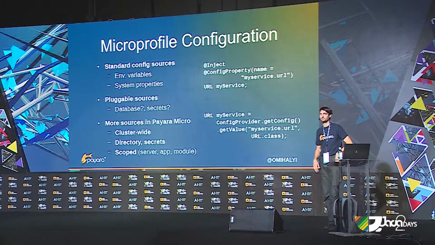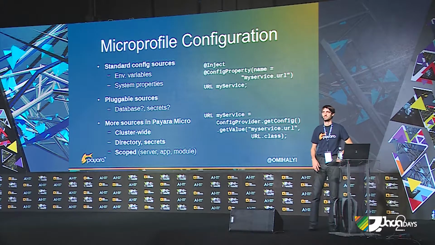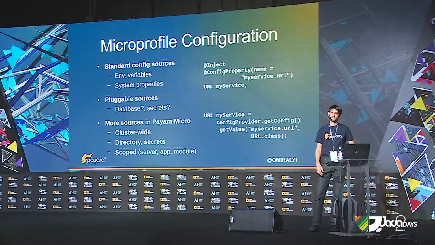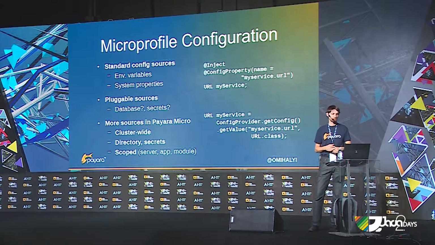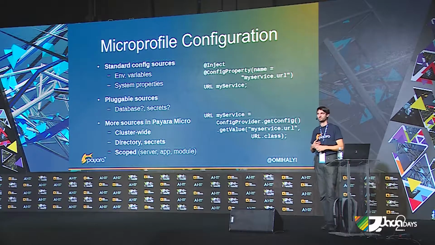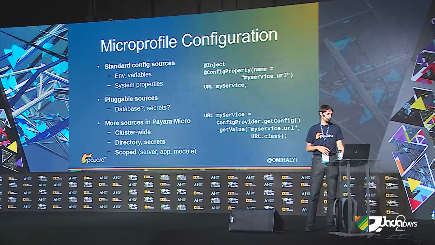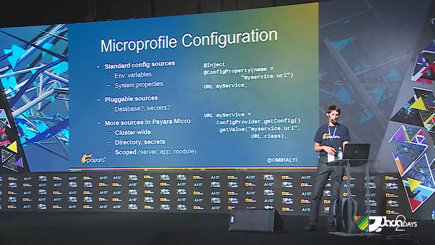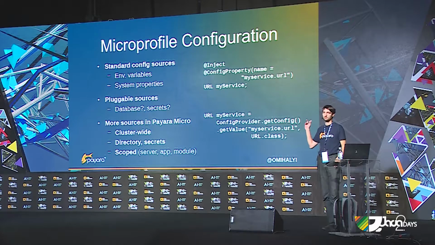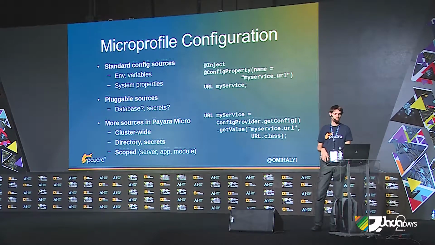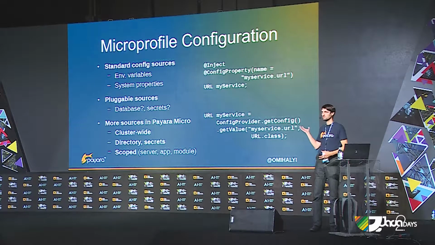Many cloud providers have a service that provides secrets like passwords, access keys or private keys to secure the communication. And there are some sources provided by the runtimes which go beyond what is required by the specification. On the right side, there's how it may look in the code. So with dependency injection, it injects a value.